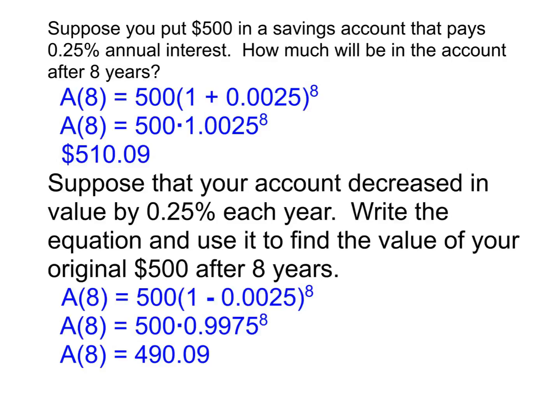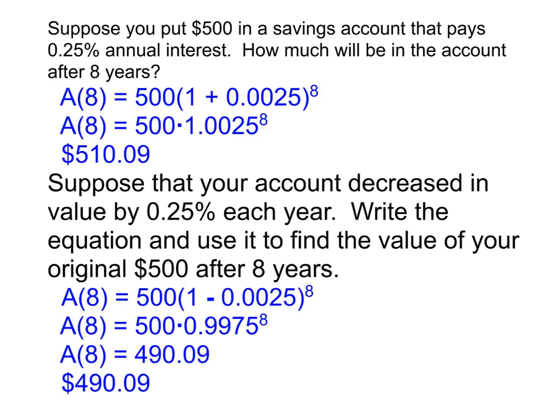We should get $490.09. One little note about this, just to be clear, our original problem ended up as .09. This one ended up as .09. That's pure coincidence. That's not a pattern that you can observe for future reference. That's not something that's going to happen every time. It was just coincidence in this particular case.